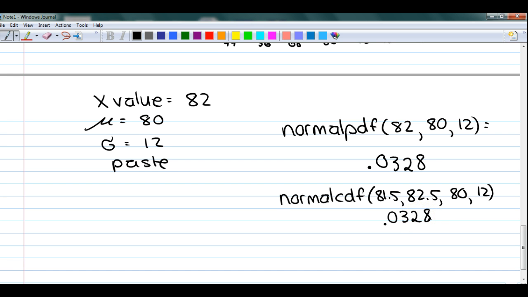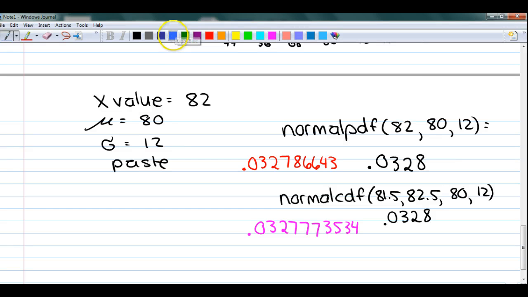However, if we wrote all the digits the calculator shows, the PDF function would have given me 0.0327866643. The CDF function would have given me 0.0327773534. It's just a matter of where the calculator's rounding and its algorithms that it's following.